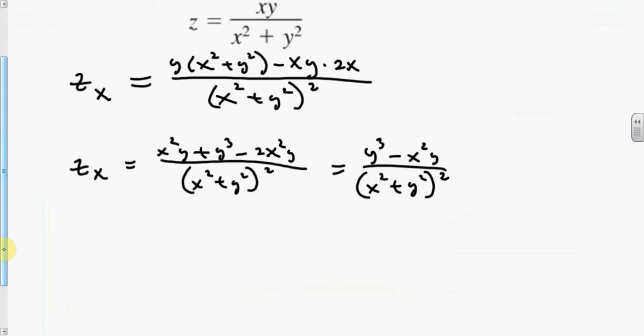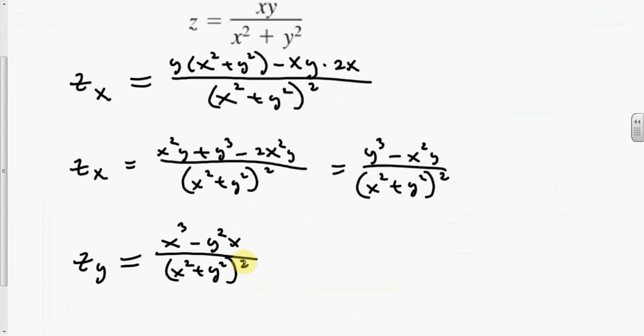Now just looking at the partial of z with respect to x, what's the partial of z with respect to y without working it out? x to the third minus y squared x over x squared plus y squared to the second.